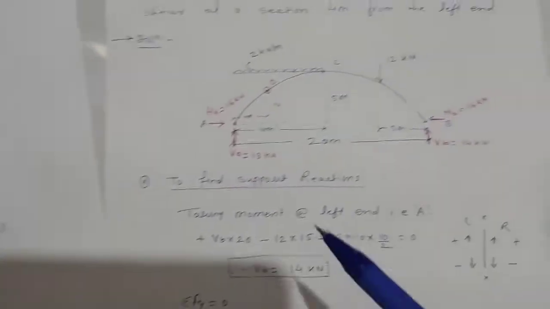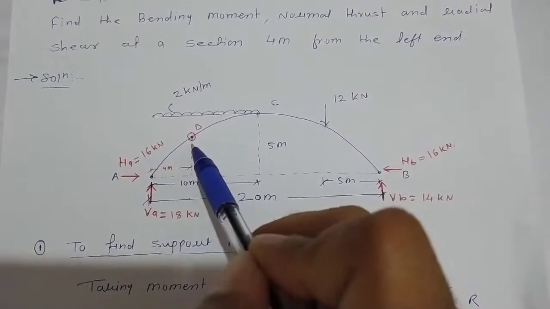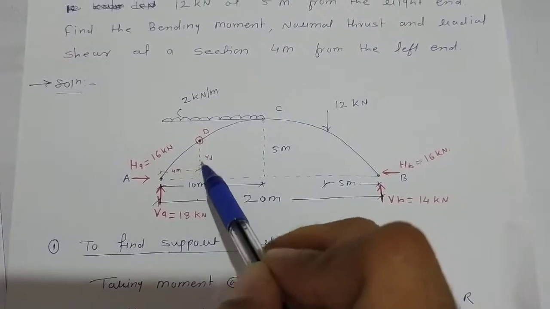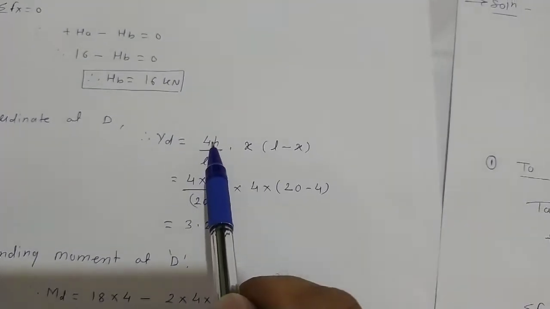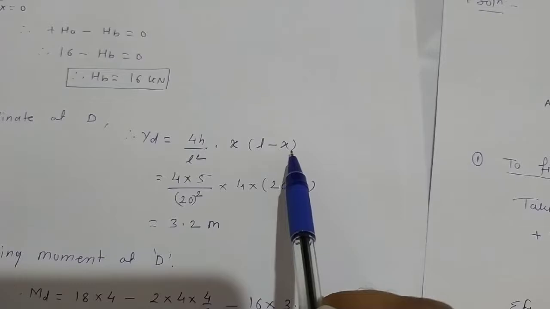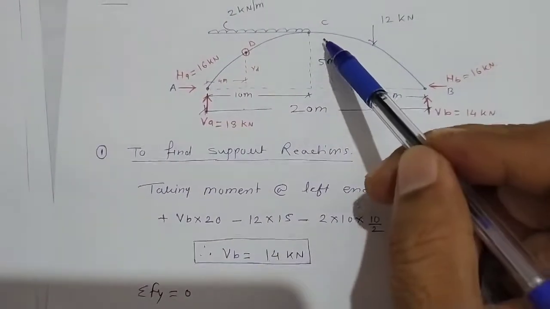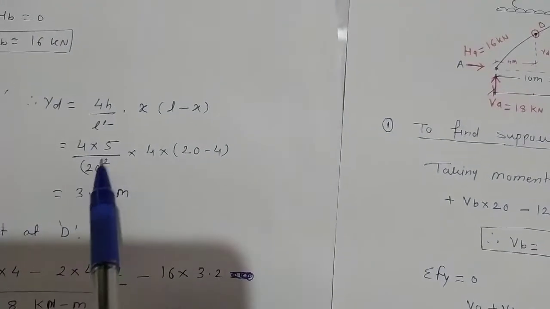Then we will calculate the ordinate at point D, that is the vertical ordinate, let's say YD, from the horizontal line. So we have the equation for vertical ordinate: 4h upon L square into x into L minus x. Now put all the values. 4, h is 5, this vertical height, divided by L square.